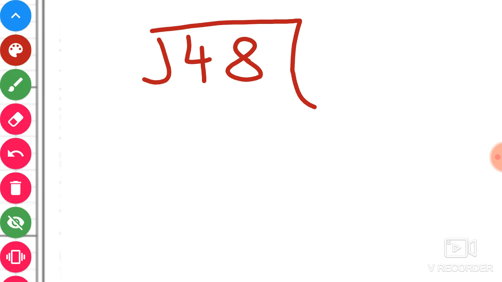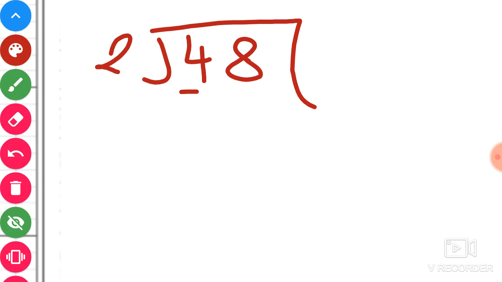Now let us take an example, 48. Now what we have to do? We have to divide 48 with 2. We will start from the leftmost side. So which number is there at the leftmost side? 4 is there.